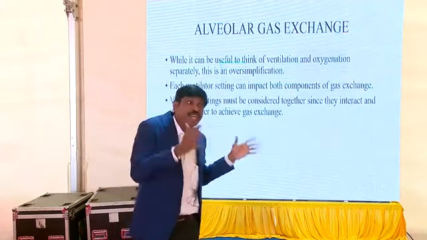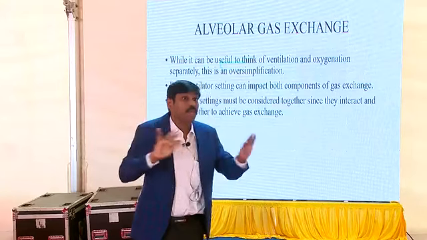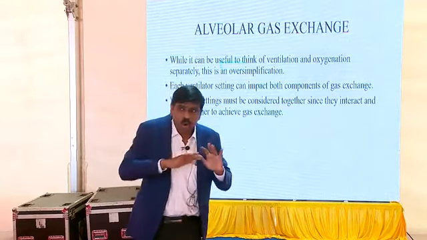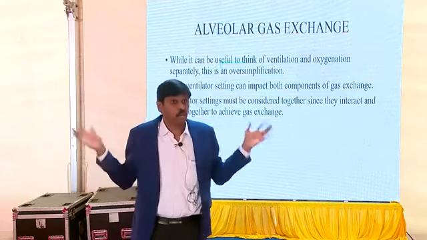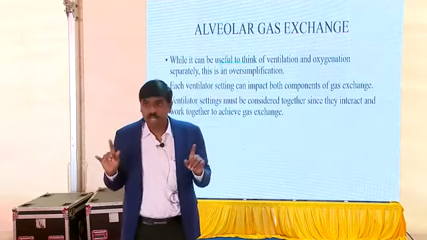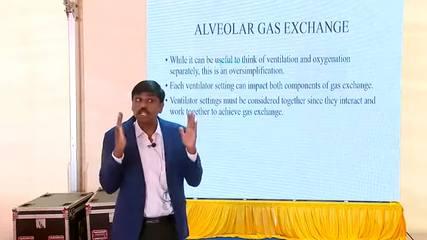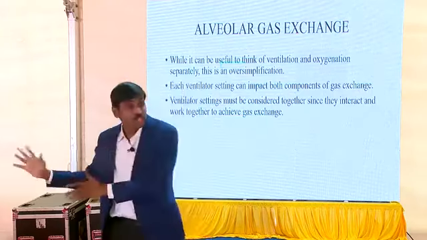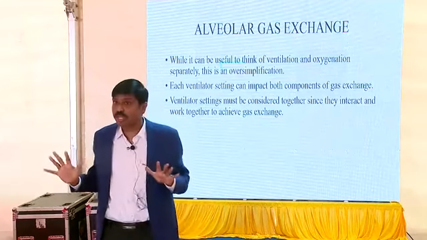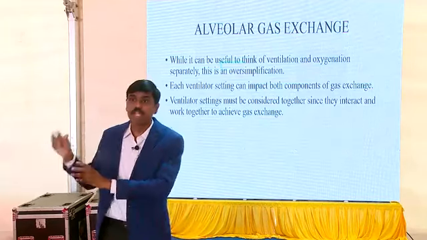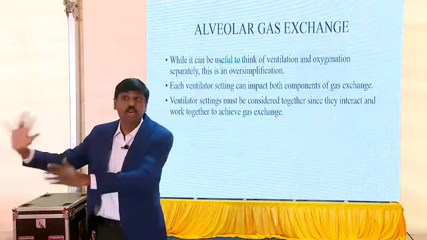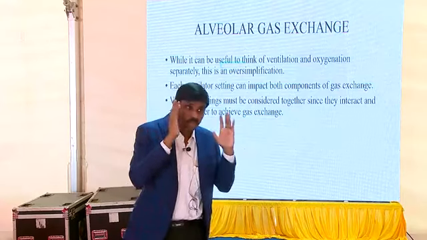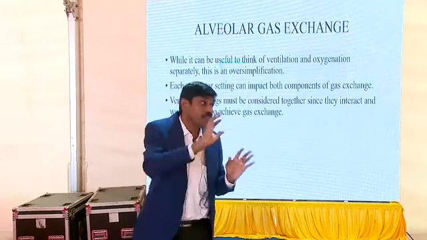When we are talking about conventional ventilation, separating it is quite difficult. But over the day we would be talking about high frequency ventilation, where you can control oxygenation separately and carbon dioxide separately. In a high frequency ventilator, if you want to eliminate carbon dioxide, you twist a knob that ensures only your carbon dioxide gets out. Again, if you want to increase oxygenation, there you twist another knob.